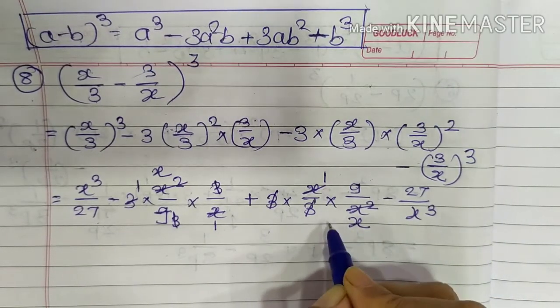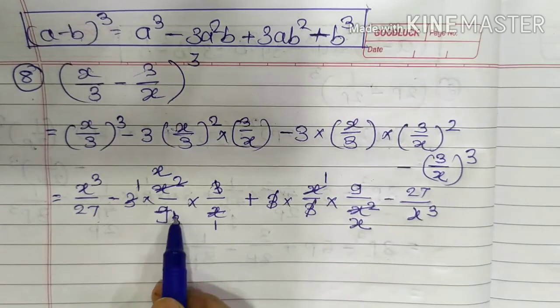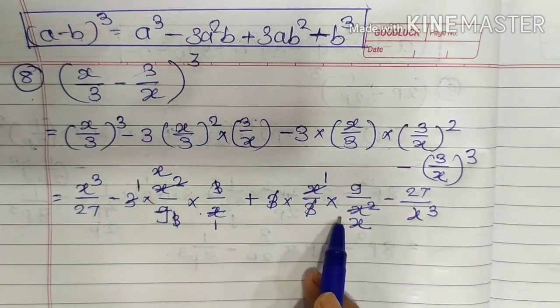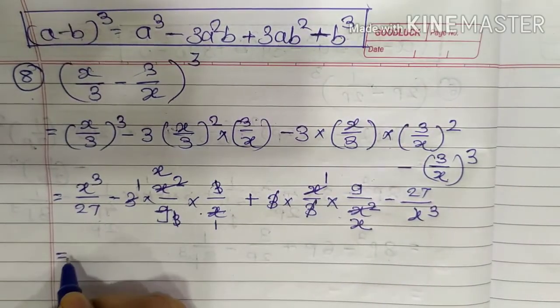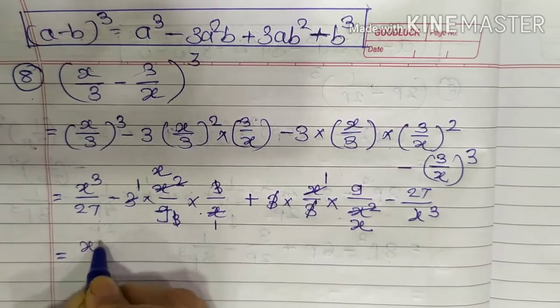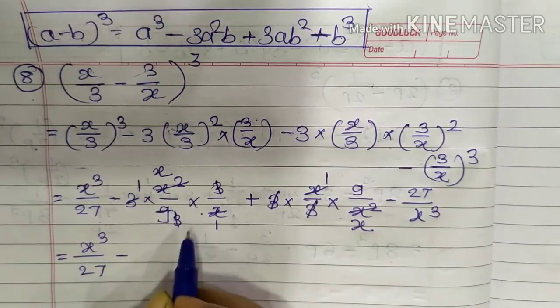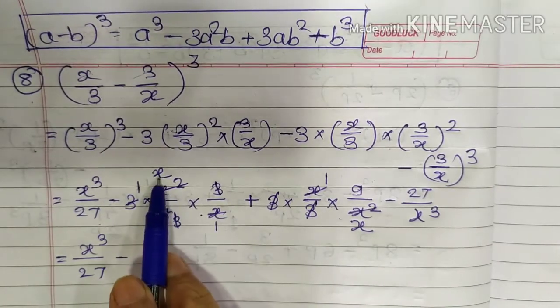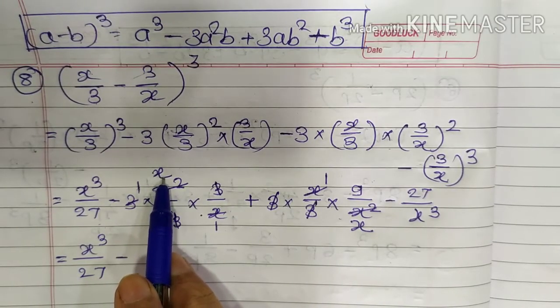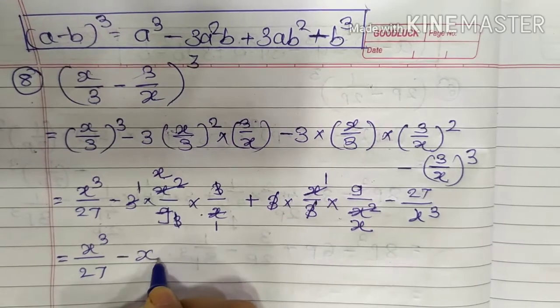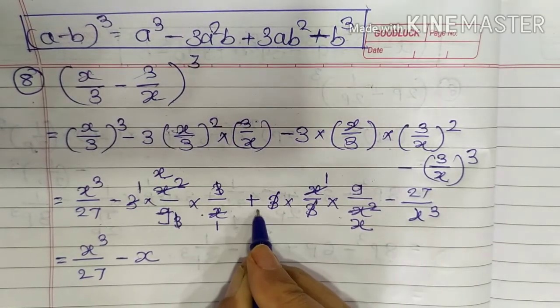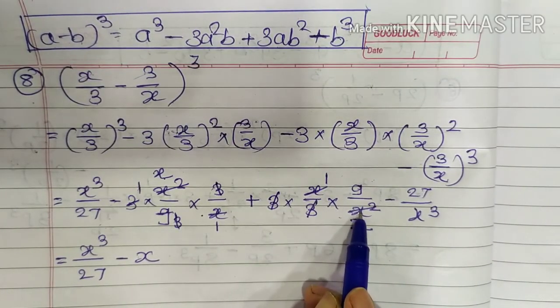So what remains here? You make this division very carefully. Let's see. x cube divided by 27 minus x. Only x minus x. In this what remains? Let's see.